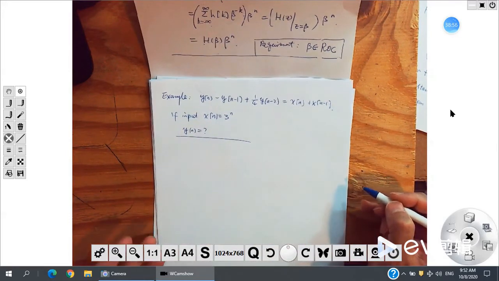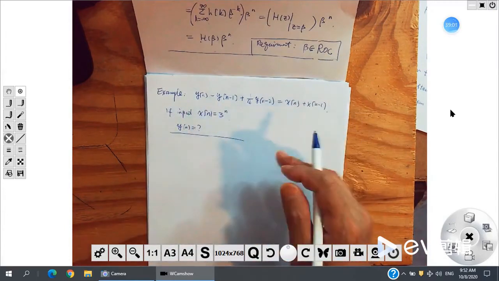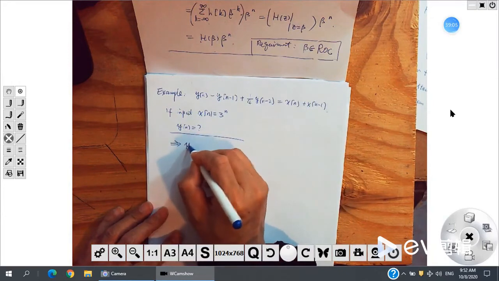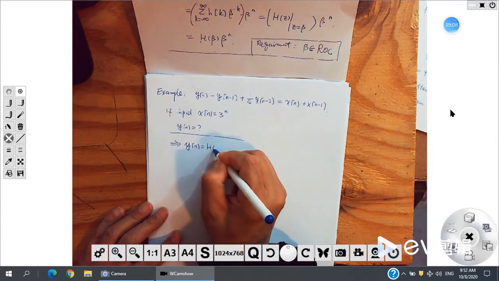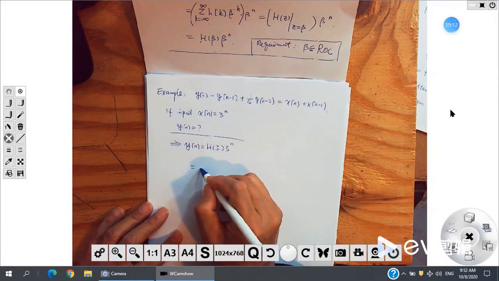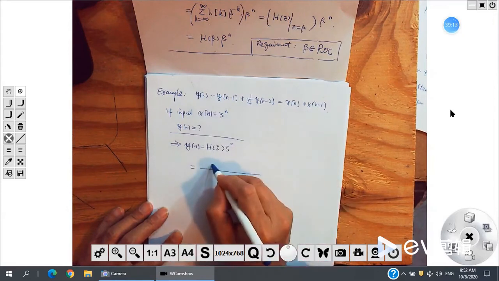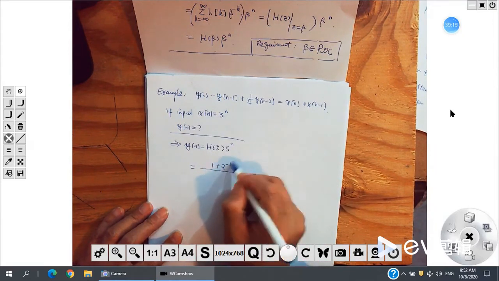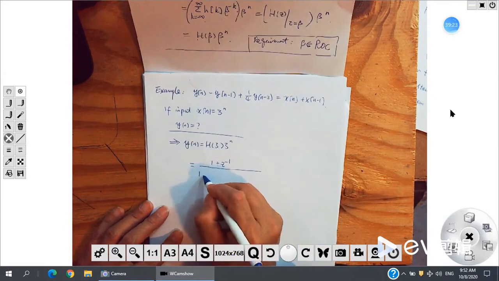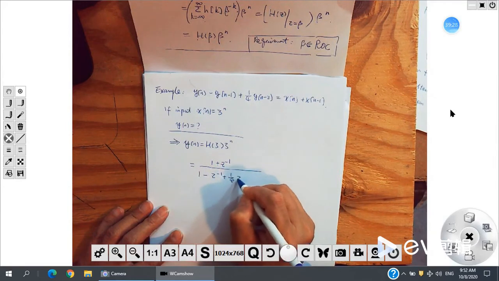In this case you do not need to solve the equation with so many steps. You just know there will be h of 3 times 3 to the n. So what is h of z? H of z, you look at here, is 1 plus z to negative 1 on the input side, and the output side is 1 minus z to negative 1 plus 1/4 z to negative 2.